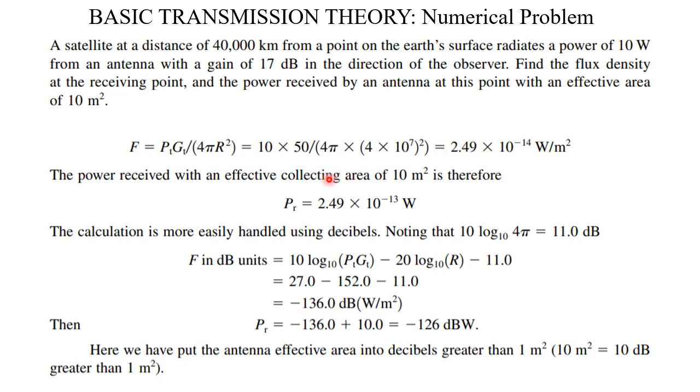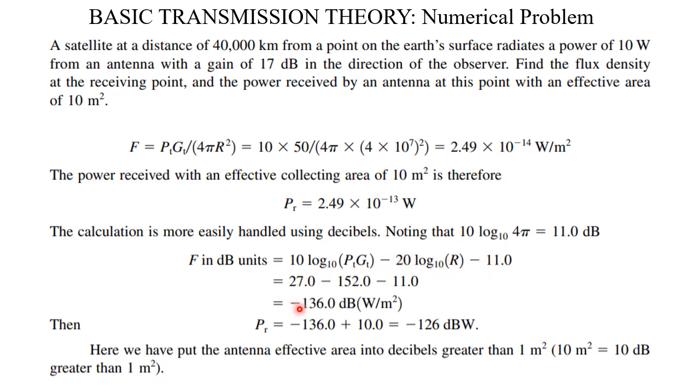Now, if the collecting area is 10 meters square, then flux density multiplied by area will give you the received power. Okay. Now, if we use decibel, then you will see the calculation becomes much easier. We have to remember that for 4 pi, 10 log of 4 pi is 11 dB. So F in decibel unit will be PTGT minus 20 log R minus 11.